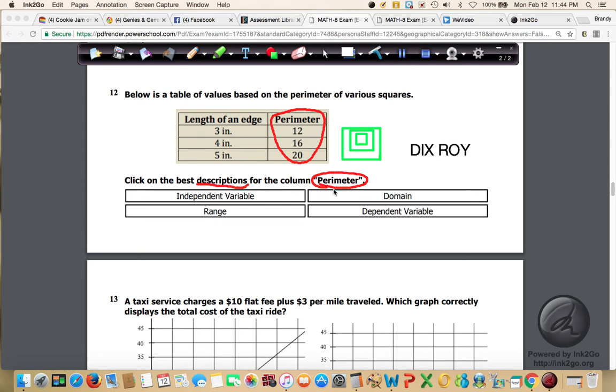Another side note that I made earlier was that some of you guys picked independent and dependent. Well, guys, it can't be both. It's one or the other. You can't be wet and dry at the same time. Well, I guess you could, but you know what I mean. You can't be domain and range. It can't be X and Y. It's got to be one or the other.